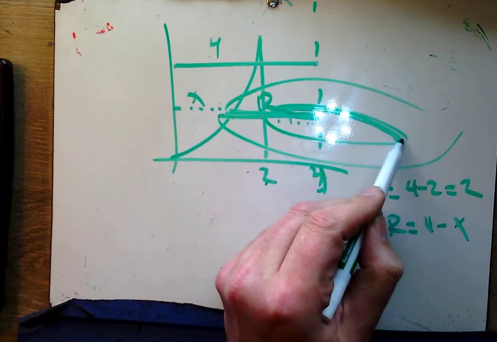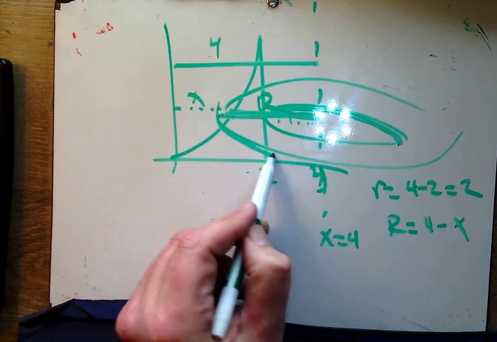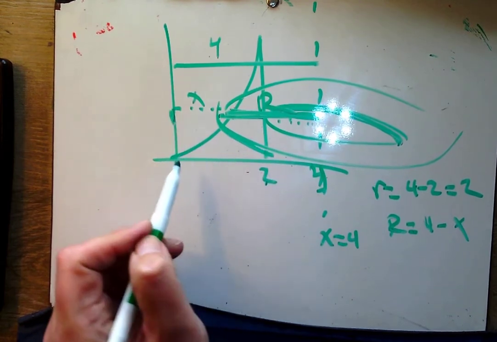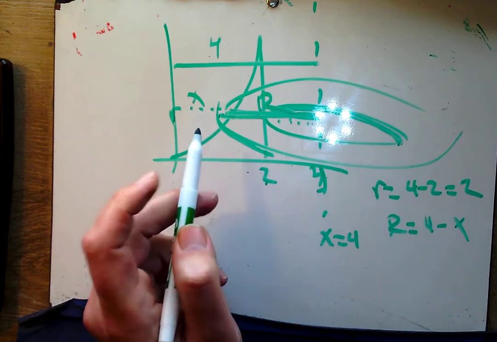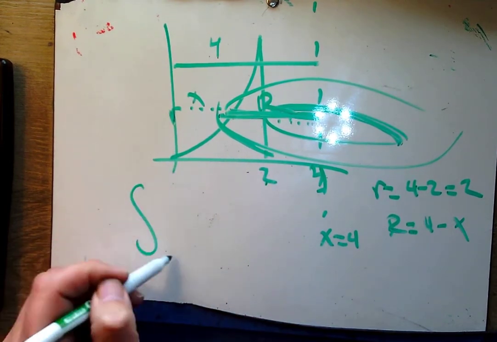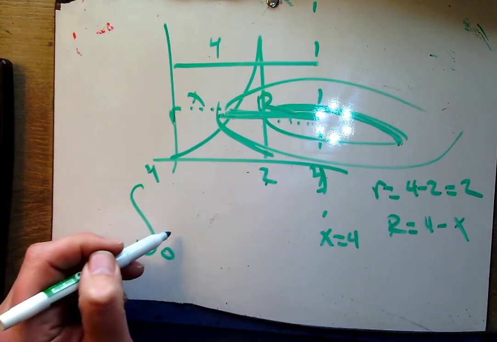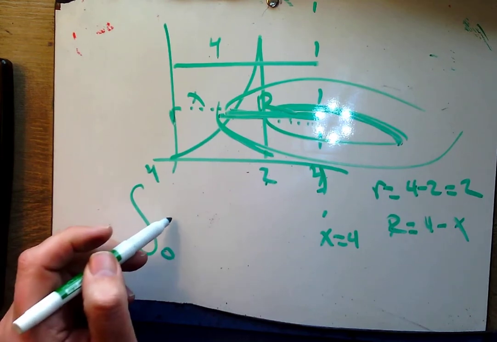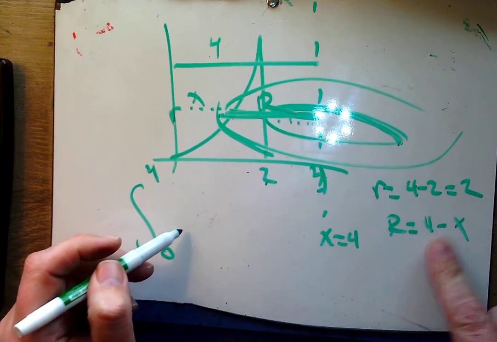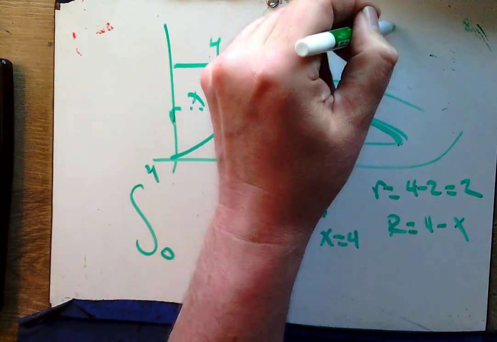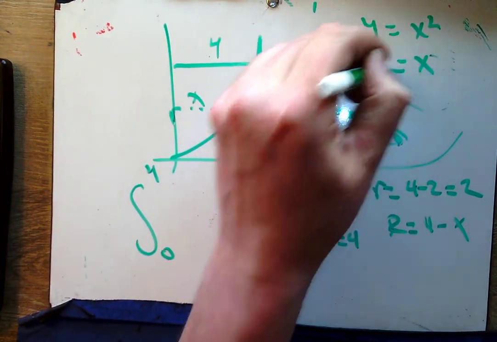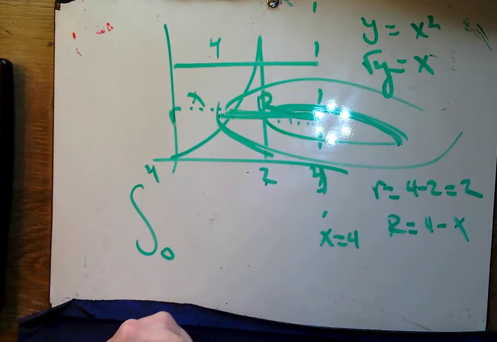Remember, the thickness of this slice is going to be measured on the y-axis. This is vertical thickness. So this needs to be a dy integral. So 0 to 4 of what? Well, big R. Now, if I know y equals x squared, then x has to be the square root of y.